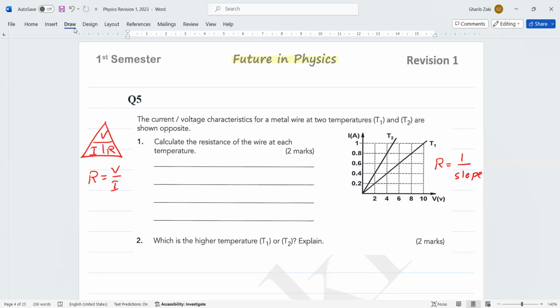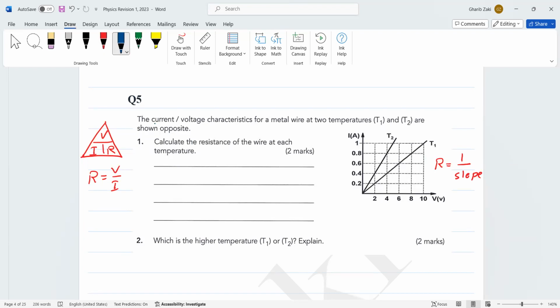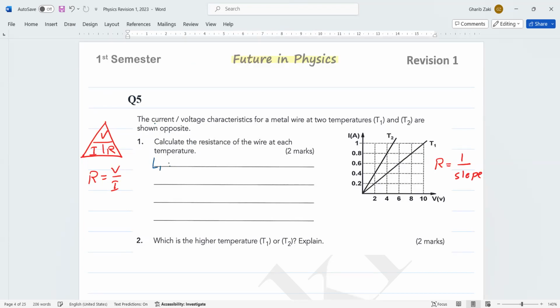Now, the first wire, L1, we find the slope. For L1 or T1, we can use this point. Here the current is 0.8 and the voltage is 8. So the slope is the vertical change, 0.8, over the horizontal change, which is 8. R1 equals 1 over the slope.